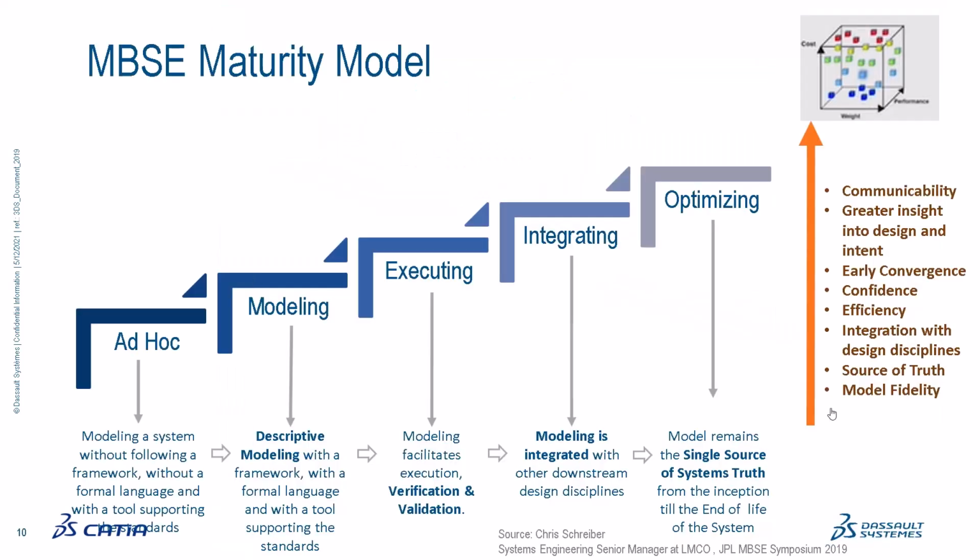Now we will talk about model-based system engineering maturity. At the first step, we have independent models, which we have used for many years in different parts of the team for different tasks, like Excel, Simulink, SysML, a couple of diagrams. Then we have system modeling with requirements in SysML, defining system functions, interfaces, and characteristics as a single system model.